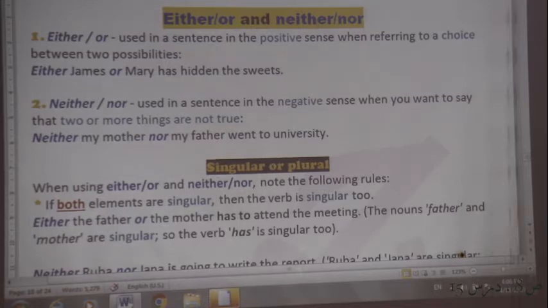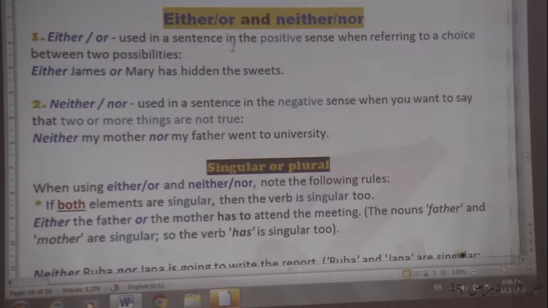But what about neither nor? In the American pronunciation, it will be either or neither nor. But here, I pronounce it as either or and neither nor. So either or is used in a sentence to refer to a choice between two possibilities.